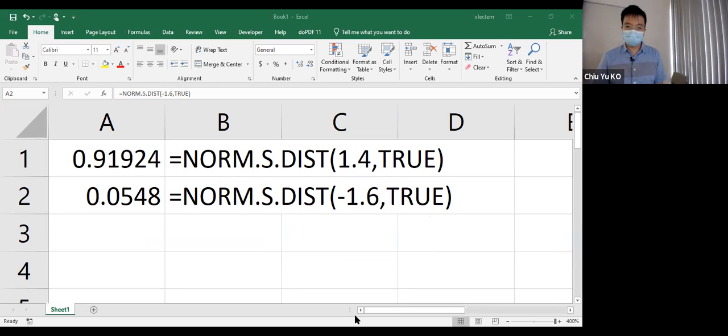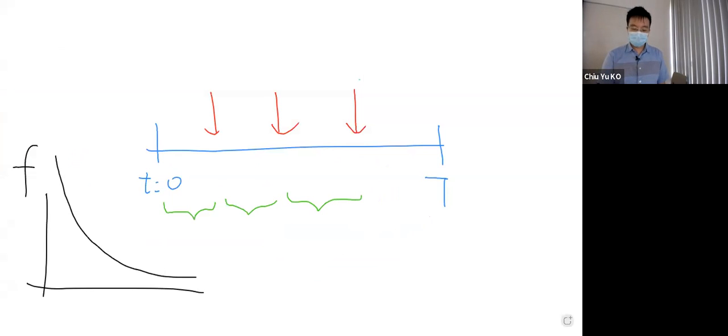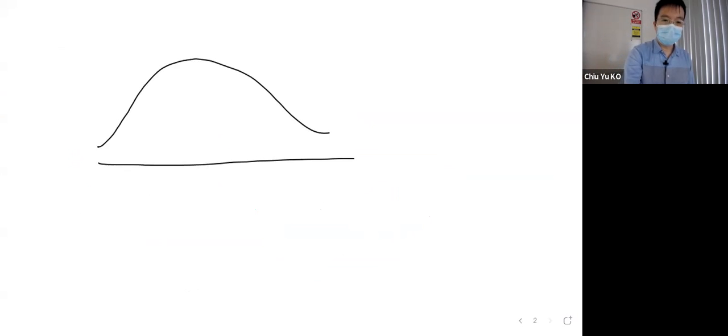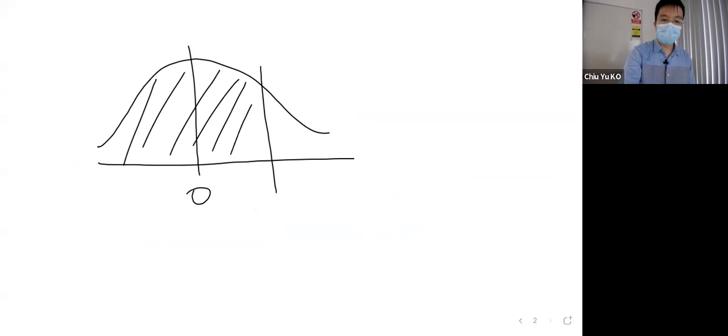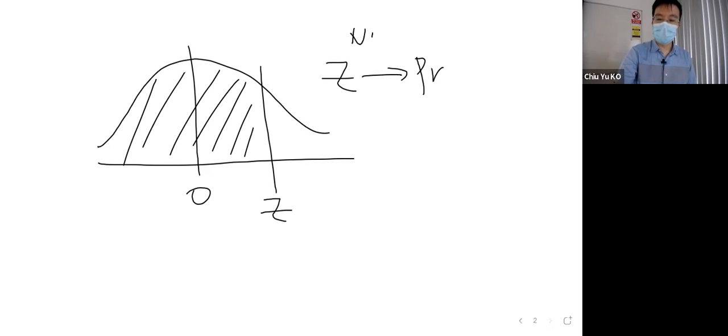Then we have a whiteboard here. So far, what we have is the normal, and I give you the Z, and the Z gives me the probability. The formula for this will be norm in Excel. So what happens if I want the other way around?